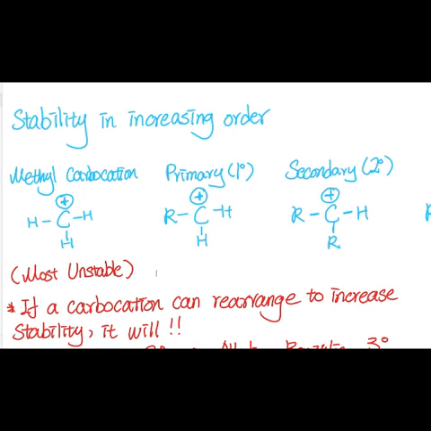Then the primary, the first degree carbocation intermediate with one R group. The R in this case means a functional group or a carbon group, not just hydrogen, anything that has electrons in it. And then we have the secondary carbocation intermediate, which has two R groups attached to the carbocation.